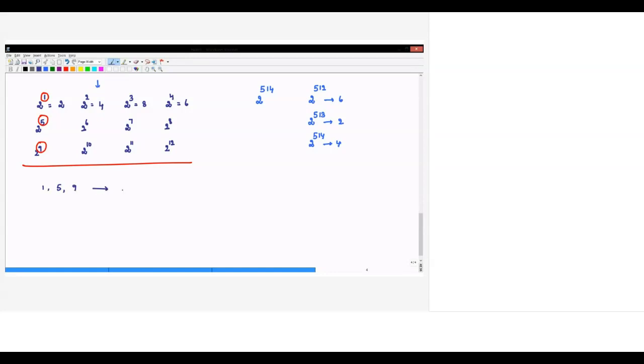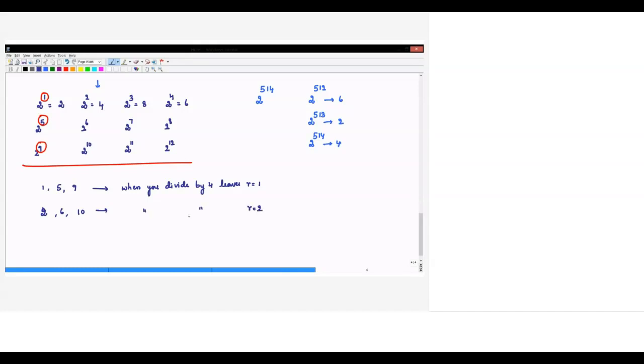These are the numbers. When you divide them by 4, it leaves remainder 1. Look at the powers 2, 6, 10. When you divide them by 4, it leaves remainder 2.